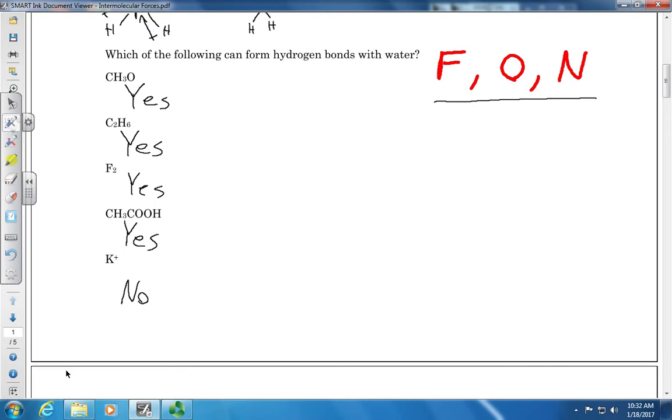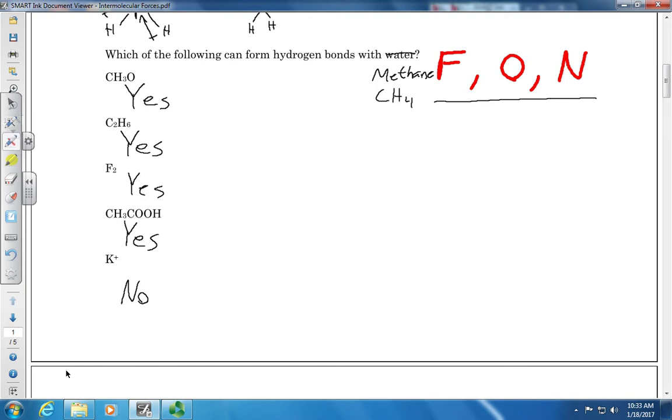So if we had done something like forming hydrogen bonds with methane, let's go ahead and do that real quick. Let's change this to methane. And methane's formula is CH4. So the same would be true.